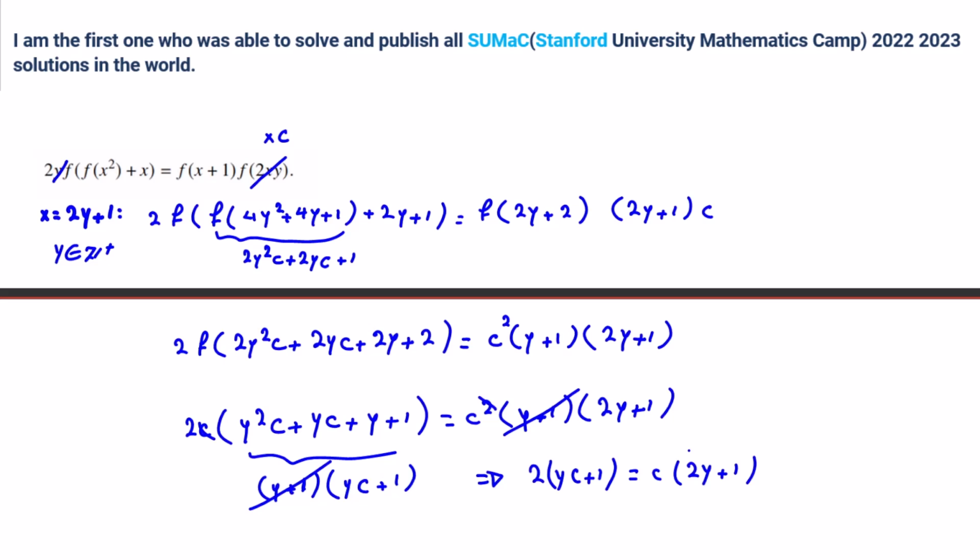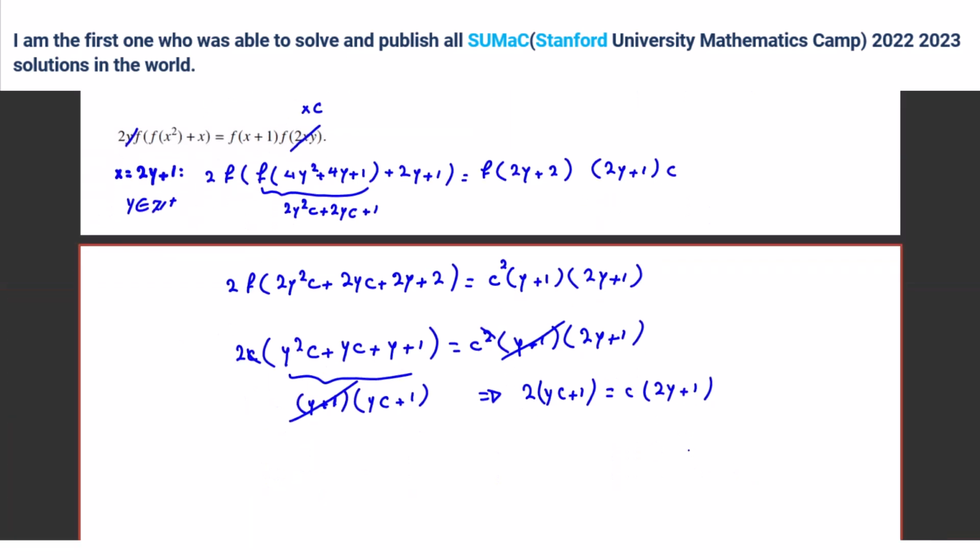Two approaches. yc is equal to 2, because now you have 2yc on both sides. If you just expand it, you get 2yc on both sides. Yes, one way, approach 1 or solution 1 for this part: we say it is correct for infinitely many y, right?